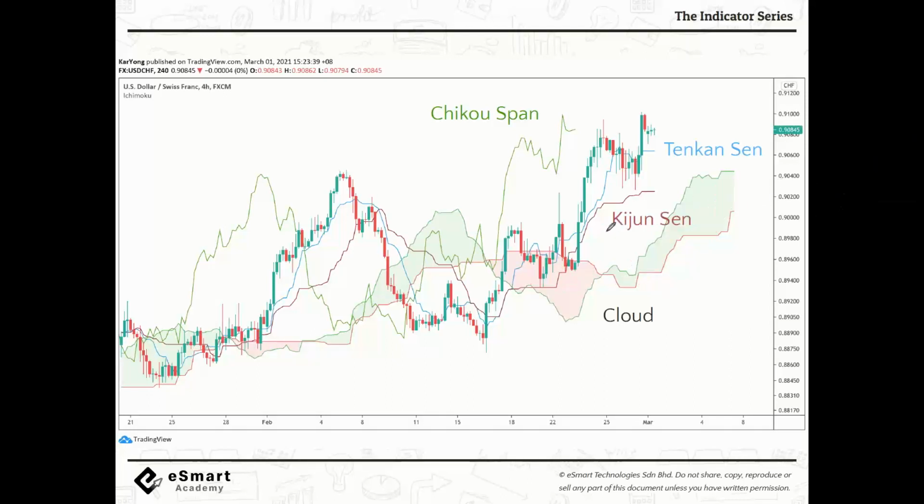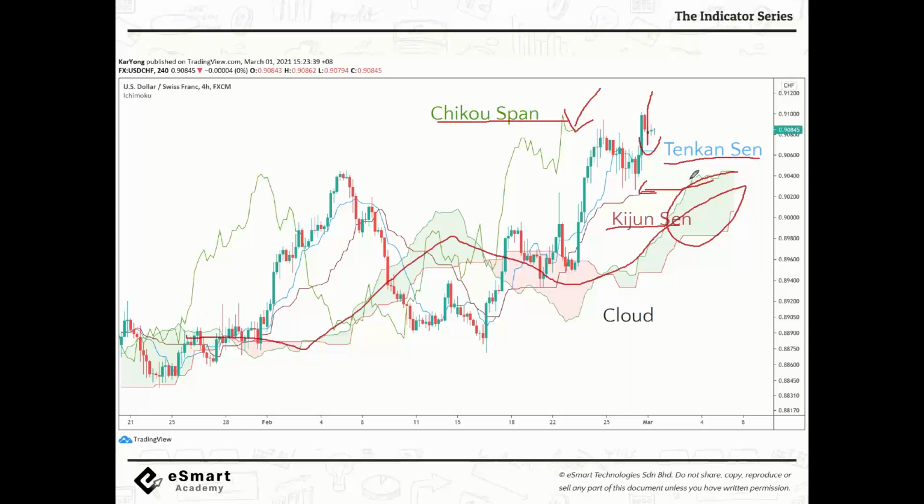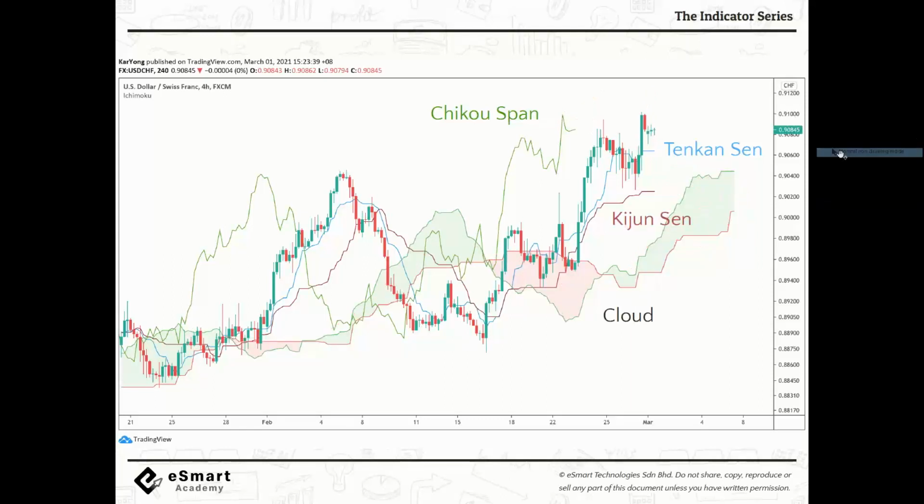Then you have the Kijun Sen, the Tenkan Sen, and the Chikou Span, so 3 lines running here, and then an area, a moving kind of cloud. In total, there are 4 components within the Ichimoku, and this itself is just called the Ichimoku indicator.